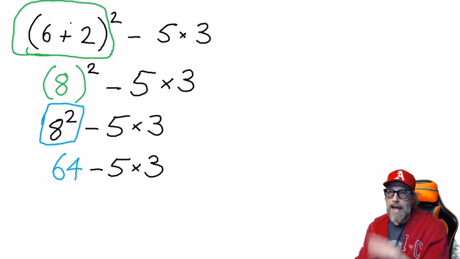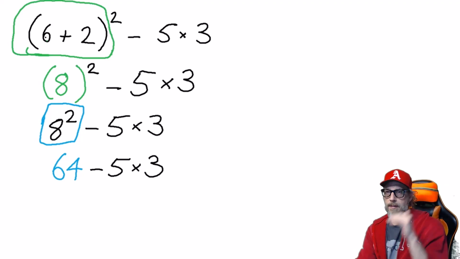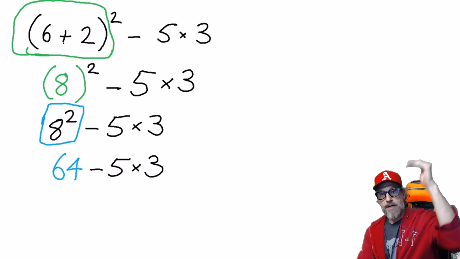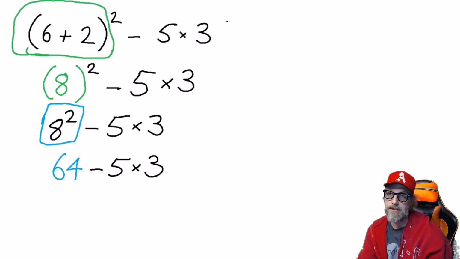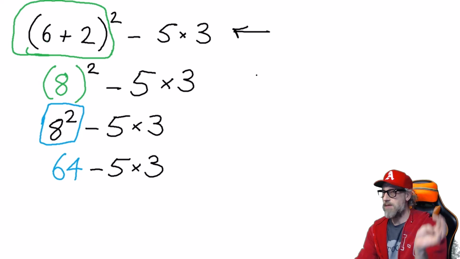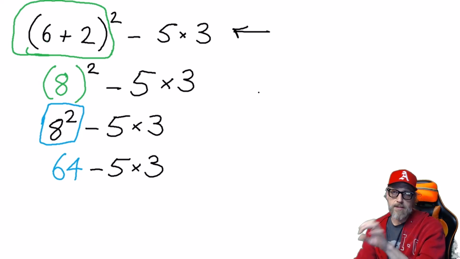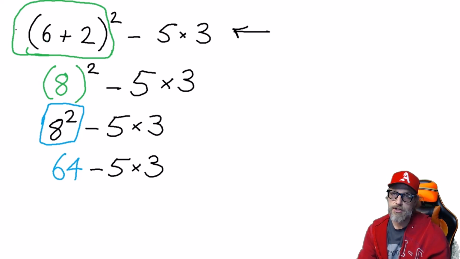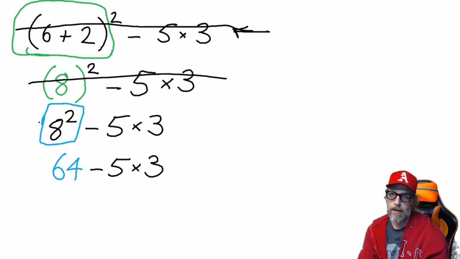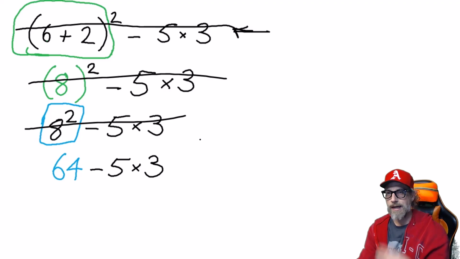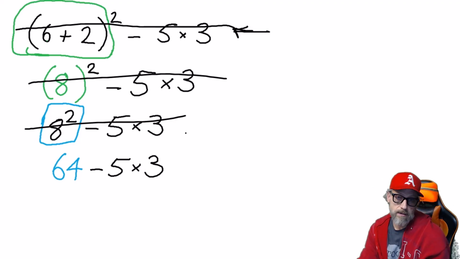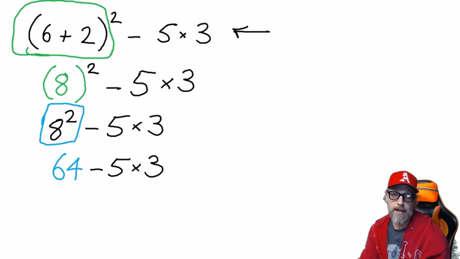Number two, as I recopy the problem, I can kind of ignore what I have previously done. So it's a way for me to take a problem that initially can kind of look intimidating or very cluttered, lots of business going on. And with each step, I'm able to clarify the picture, and I see this problem becoming more and more clear and feeling manageable. So that's another reason it's a benefit for me to do a lot of recopying.